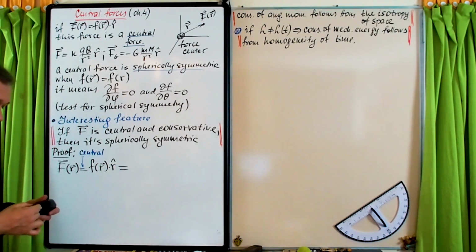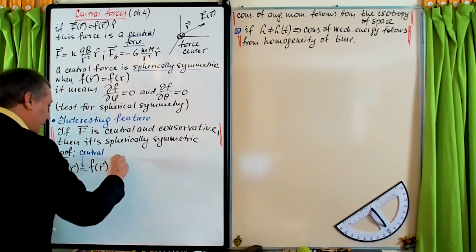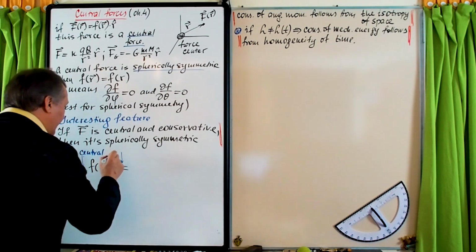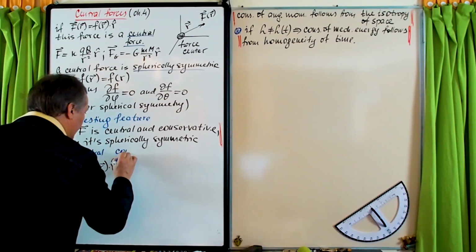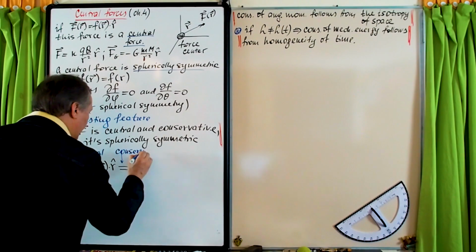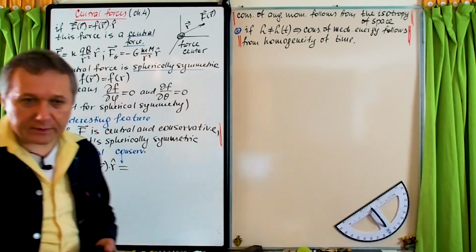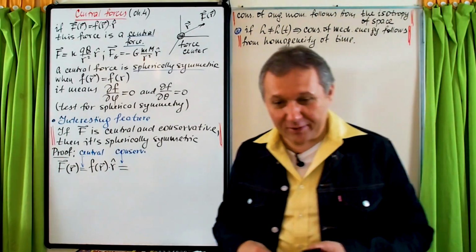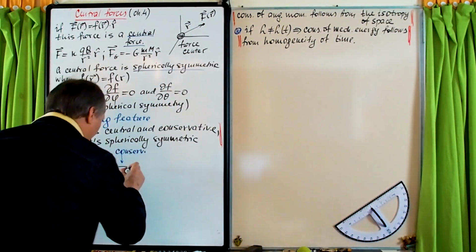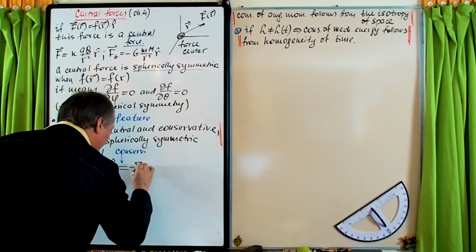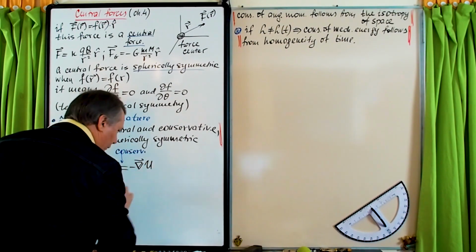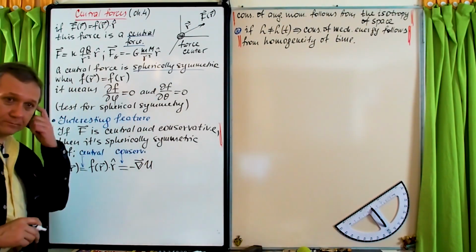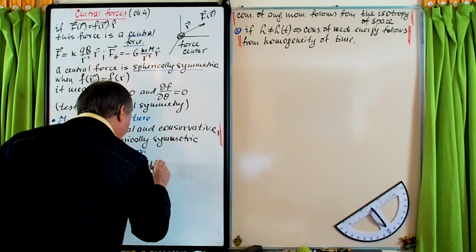Second, we're going to use the fact that this force is conservative. And of course, if it's conservative, we can write it as a negative gradient of the potential energy. So minus gradient of U as a function of R.